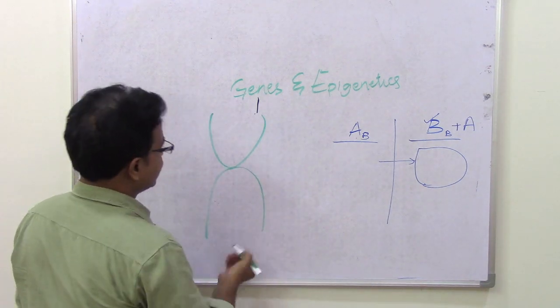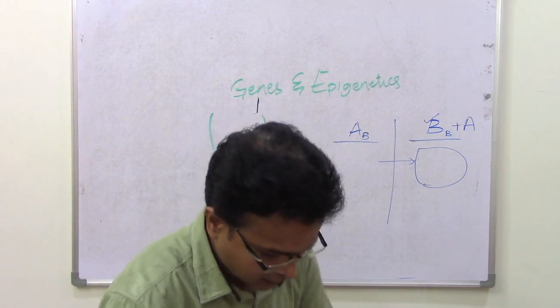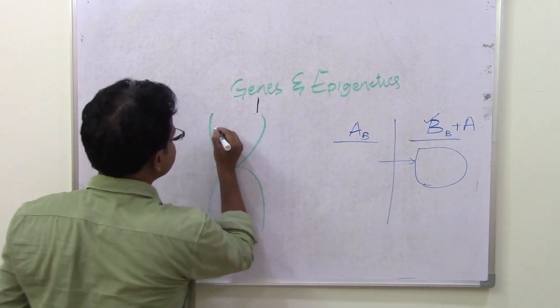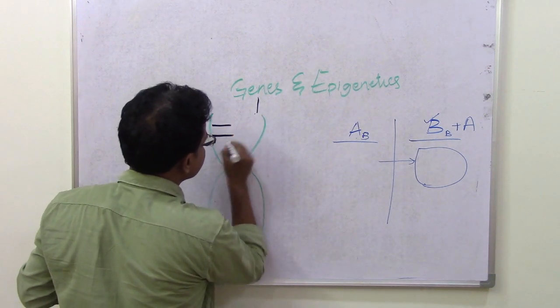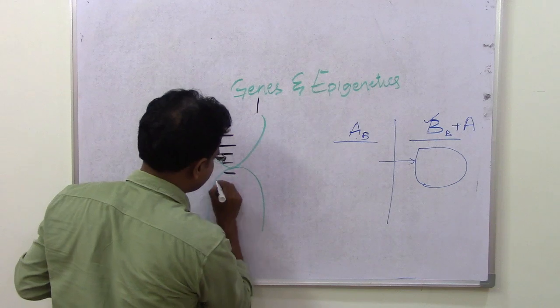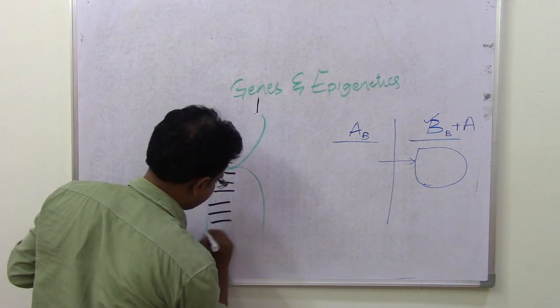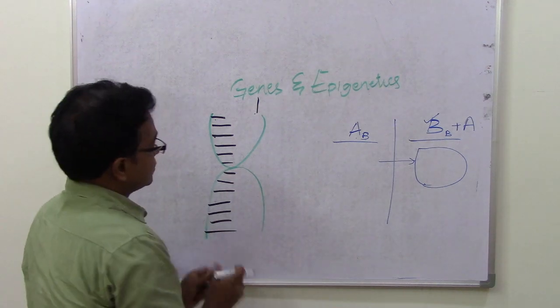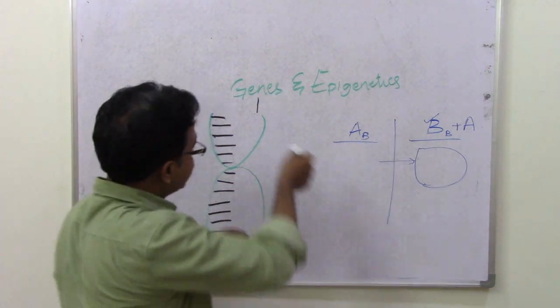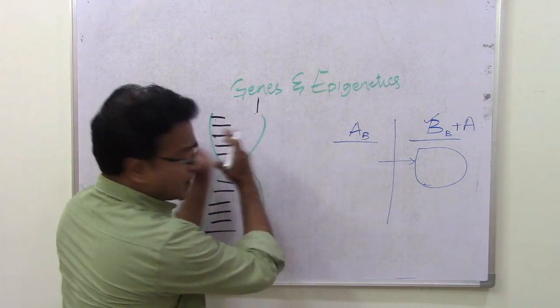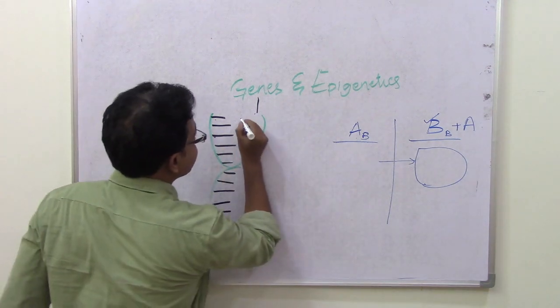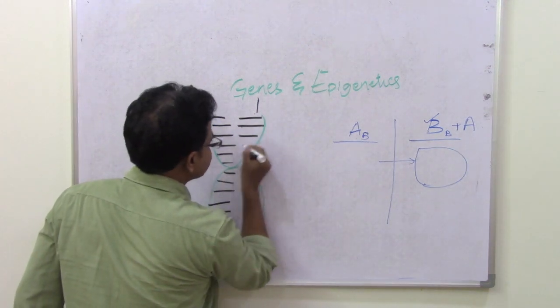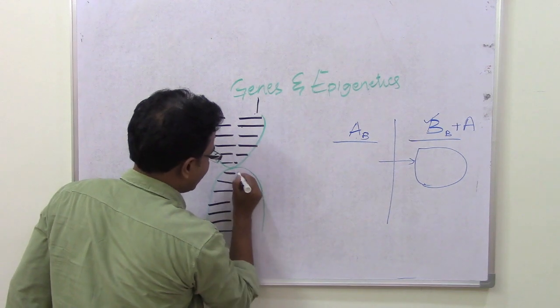Let's say this is a double helix. If you look at these base pairs, it's just like a zip that you try to unzip: both sides are identical, mirror images, exactly the opposite.